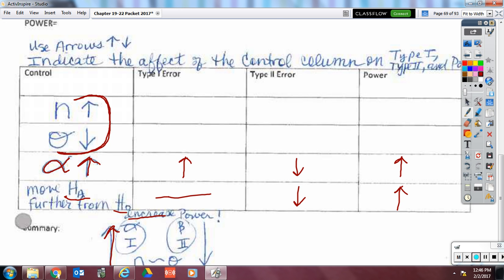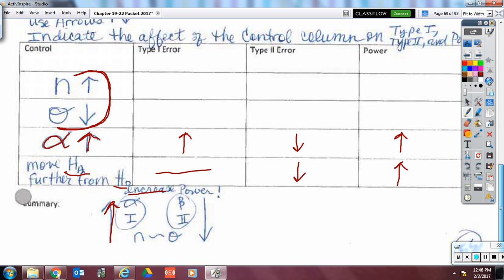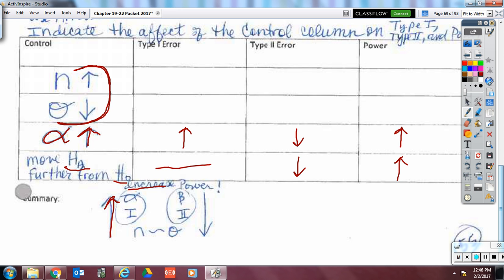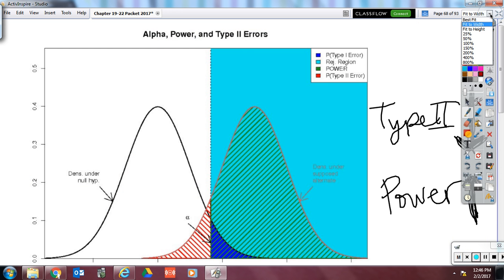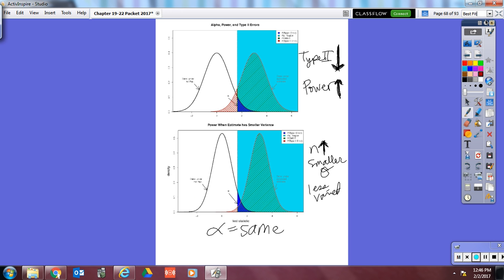All right, let's do the last one. What happens as N goes up? We can use our little picture down here. N goes up. Do recall that on this picture, I kept my alpha the same, because I didn't want to change more than one variable at a time.